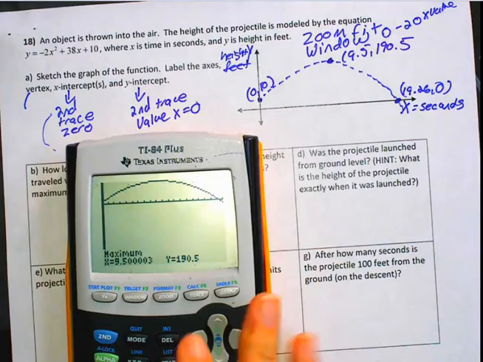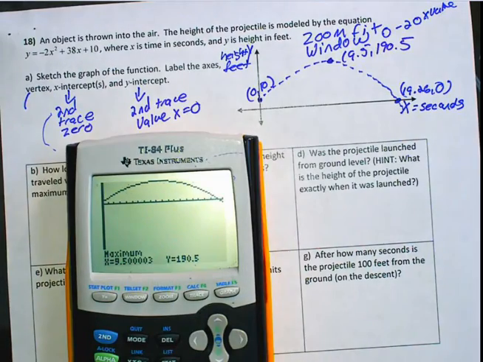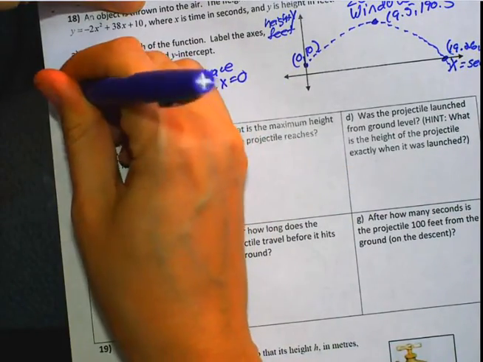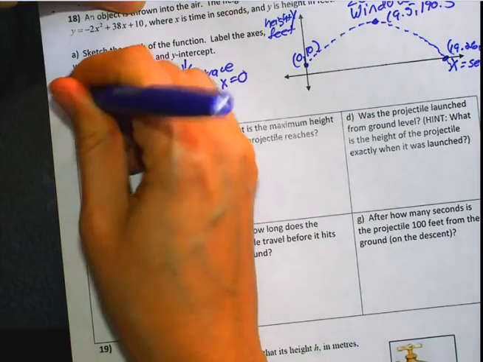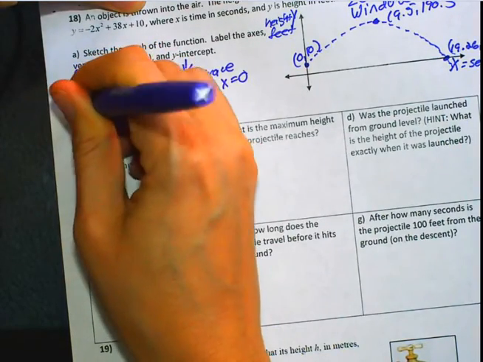Okay, once you have that information, then you'll be able to answer hopefully all the questions. So that's a good place to start. So vertex, remember, is second, trace, max or min.